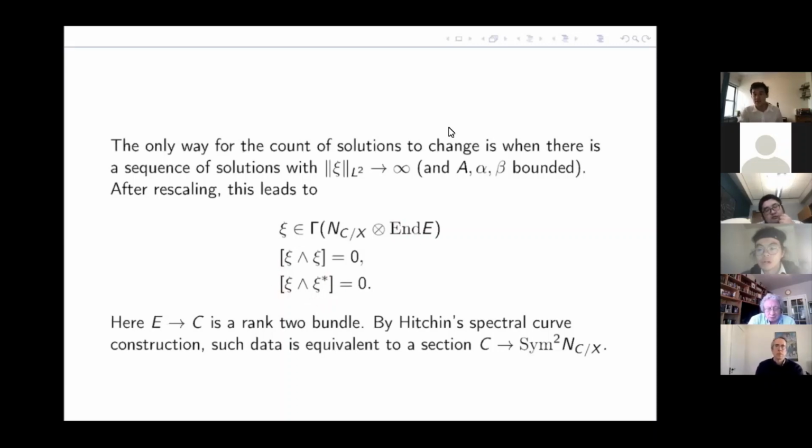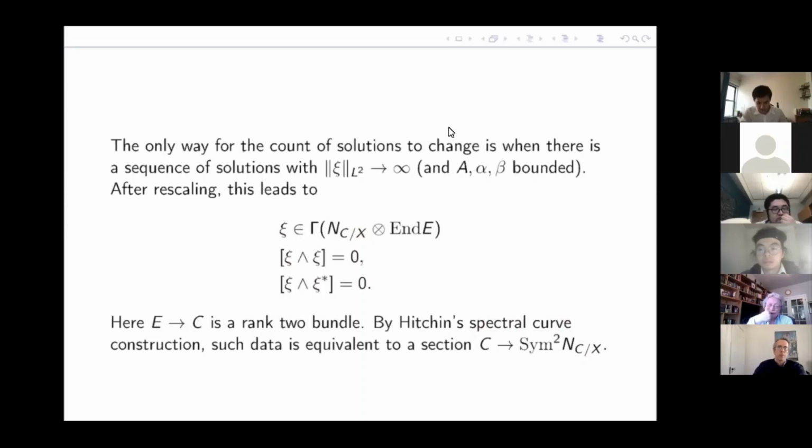If you have two matrices that commute and are normal, then you can simultaneously diagonalize them. The eigenvalues of these matrices will give you 2 points over C in the normal bundle. This is the Hitchin spectral curve construction: data like this with psi being pseudo-holomorphic corresponds to a pseudo-holomorphic section of the second symmetric product of the normal bundle.